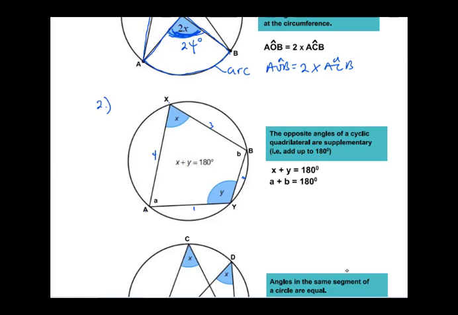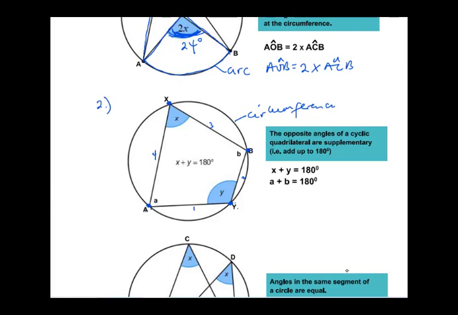We call it cyclic because, if you look at the 4 corners, which are called the vertices of this quadrilateral, all the 4 corners are touching the circumference. The vertices A, Y, B, and X are all touching the circumference of that circle. That is why we call this quadrilateral a cyclic quadrilateral.